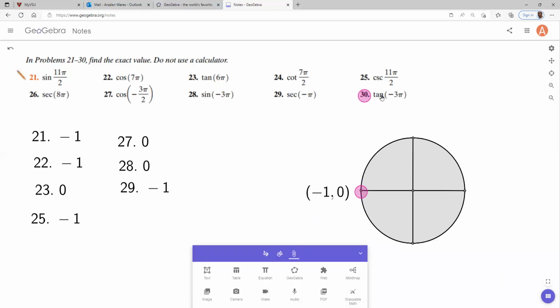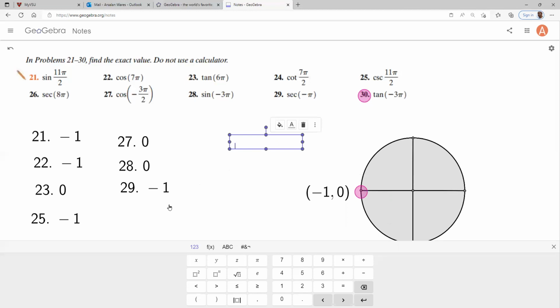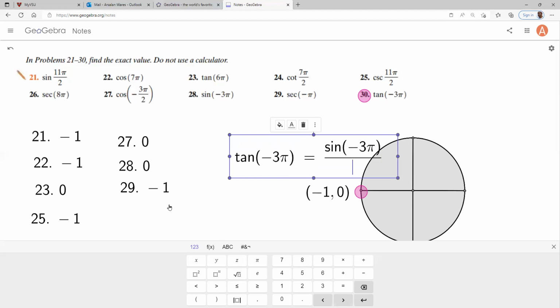And what is the tan of -3 pi? Let's write this down here. We're working on number 30. Okay, guys? Tan of -3 pi is simply sine of -3 pi over cosine of -3 pi.